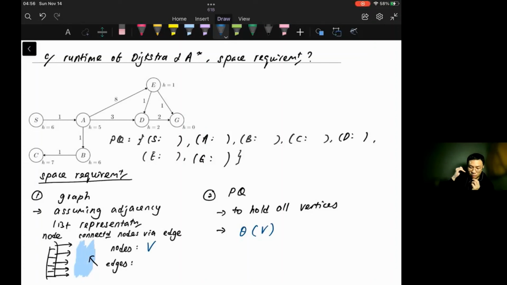In that sense, we can just represent the number of edges that we have as E, and this is the number of entries in the nested list. So the space requirement for such an adjacency list would just be theta V plus E. And that's it. Thank you.